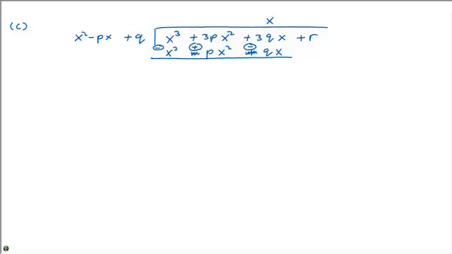I think it's a really good idea to skip a line and space out a question like this. So really what you're going to be left with, I'm just going to deal with this portion here, the x squareds. You'll end up with 3px squared plus px squared. But another look at that tells you that you can factorize out the x squareds.